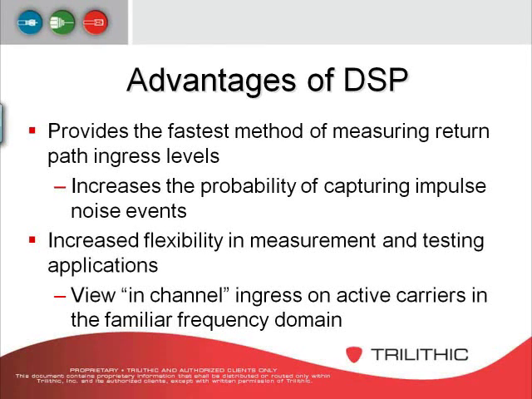So the advantages of DSP: it provides the fastest method of measuring return path ingress levels, because it's actually taking a snapshot digitally, and it's mathematically displaying the results. It's looking at a larger frequency spectrum, and then sampling what it sees there, and it's going to give you those results accurately and quickly.